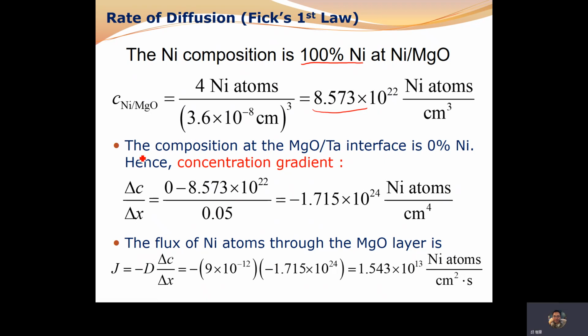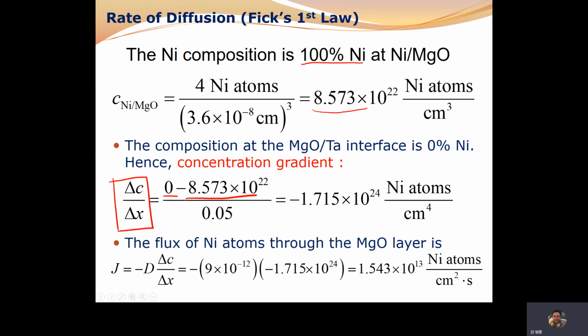Therefore, we can calculate the concentration gradient. So 0% nickel minus 8.573 times 10 to 22, divided by the thickness of the magnesium oxide layer, 0.05 centimeter, equals minus 1.715 times 10 to 24 nickel atoms per centimeter cube. That's the first order.